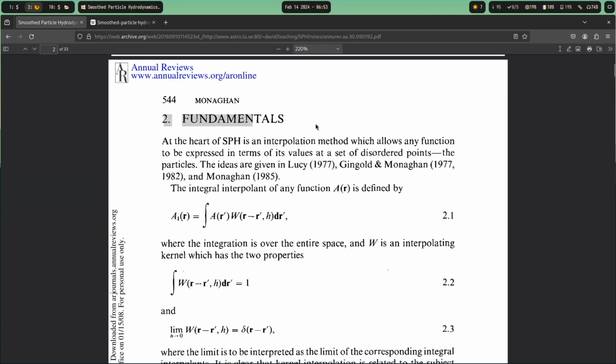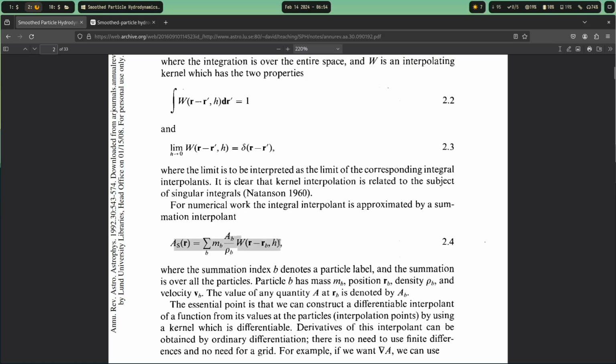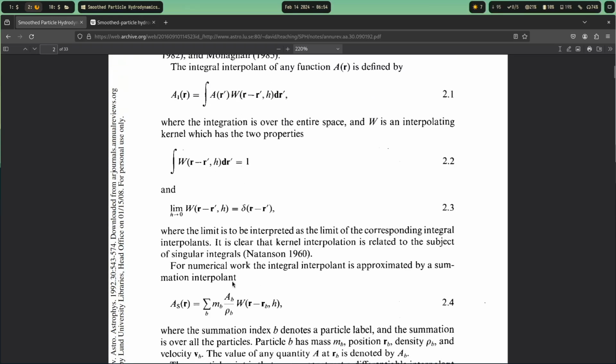So this is called fundamentals. These are the initial things that you might need to know. Here it shows some weird math stuff. We don't really care about this. If you scroll a bit down, we find the actual useful stuff, right?